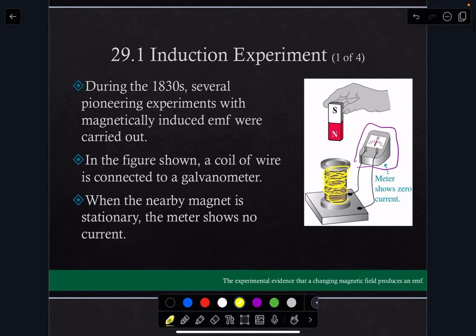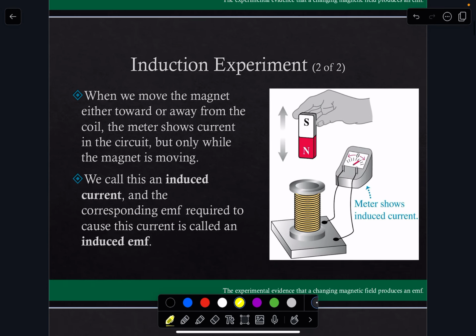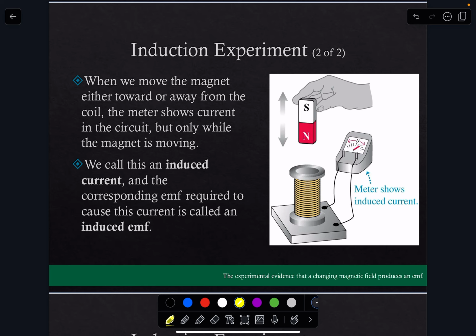But what the experiments in the 1830s showed is if you were to move this magnet up and down near the solenoid, a current spontaneously arose in the wire. So essentially, current from nothing, right? Current out of thin air.